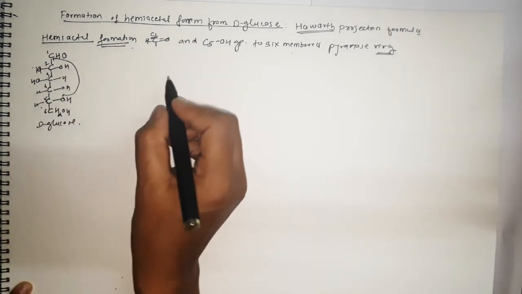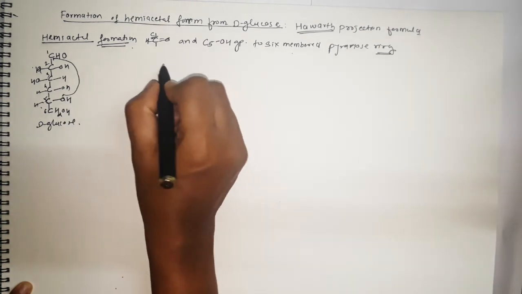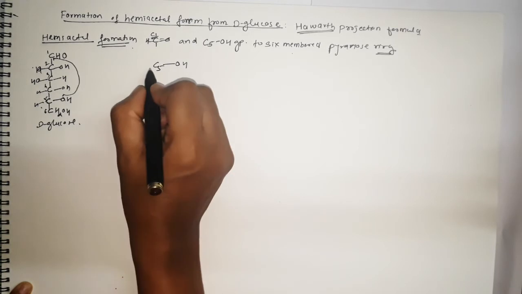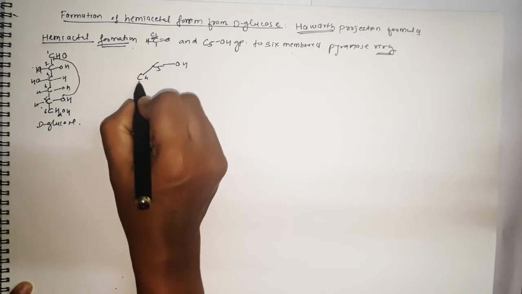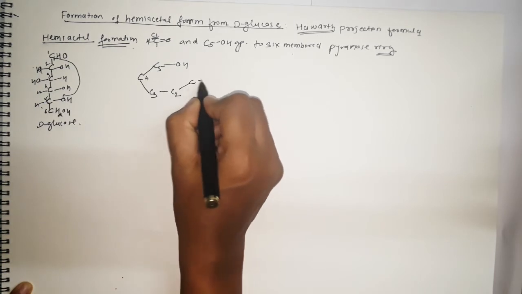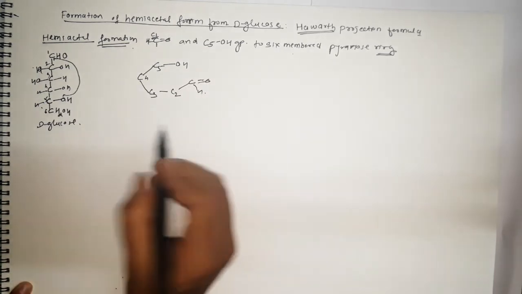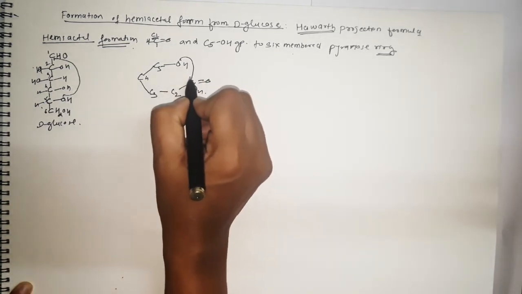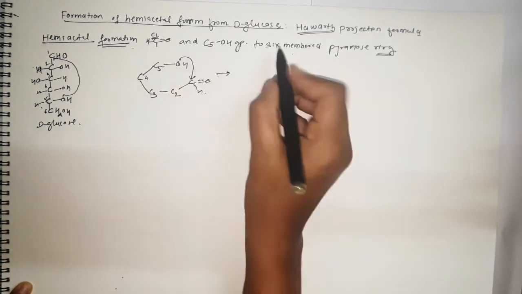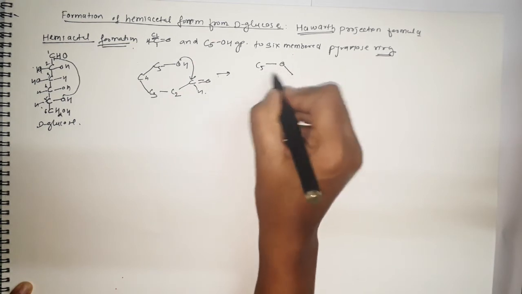So suppose we draw the coil structure. This is C5 OH, this is C4, C3, C2 and C1, the carbonyl carbon. So interaction takes place between the C5 OH and the C double bond O. You will get this pyran ring.